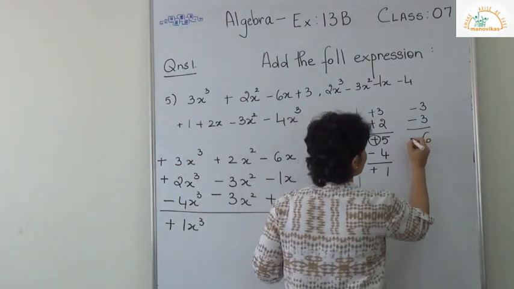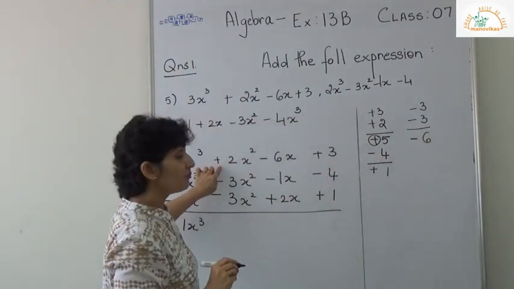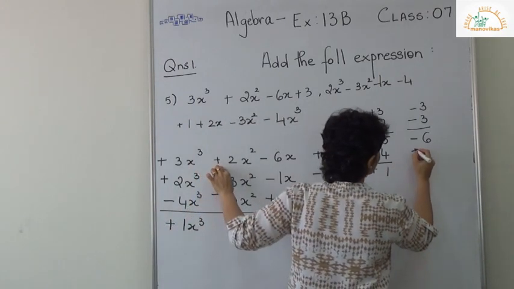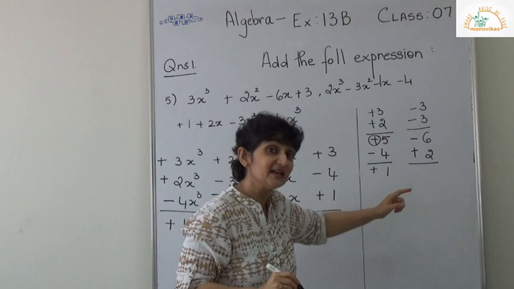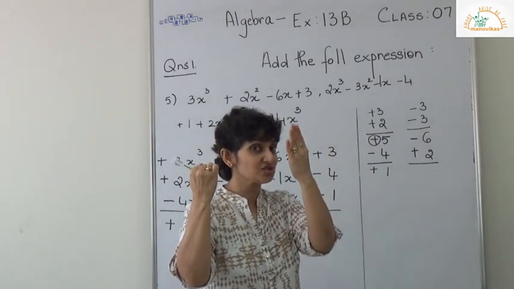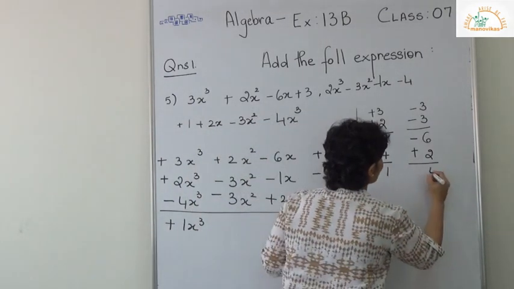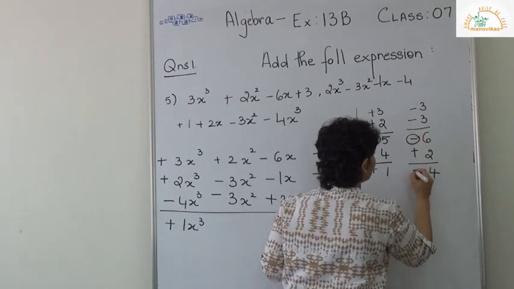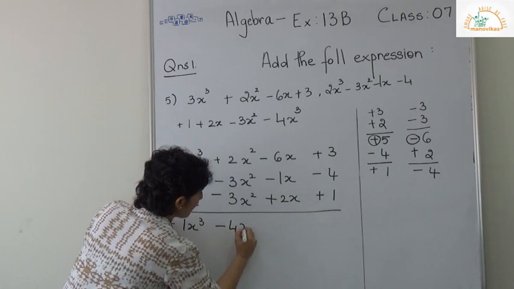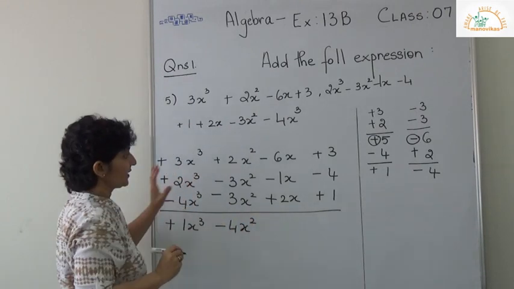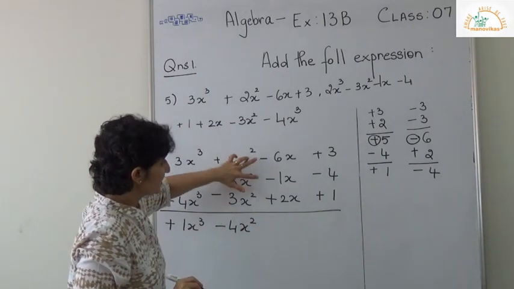Both are same, so it becomes minus 6 plus 2. So I put plus 2 here. Different family, subtract. 6 minus 2 gives you 4. And put the sign of the bigger number. So this gives me minus 4x squared.